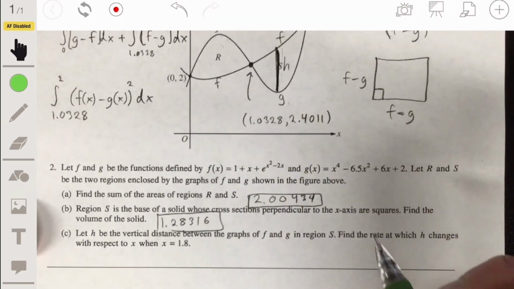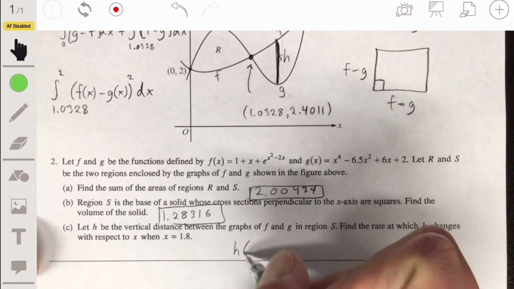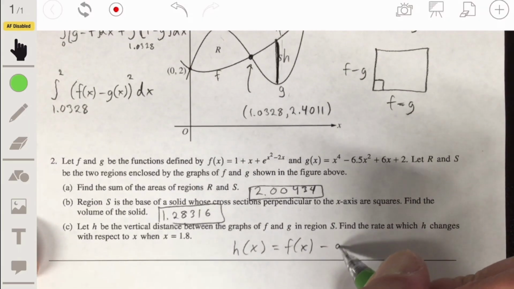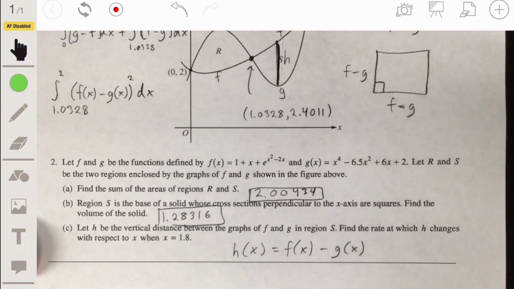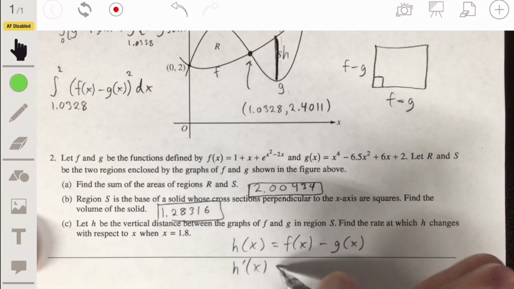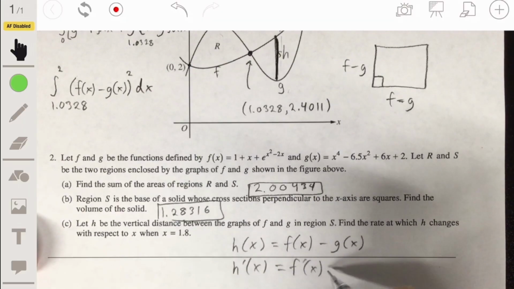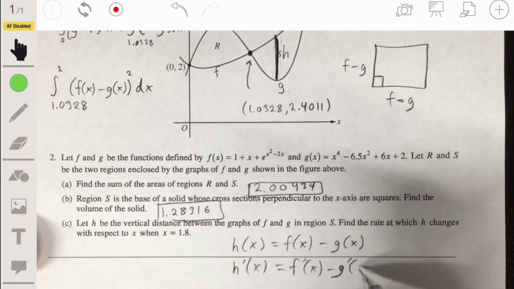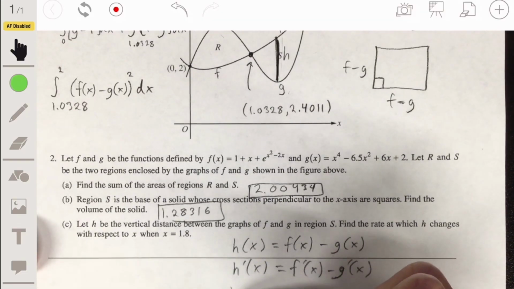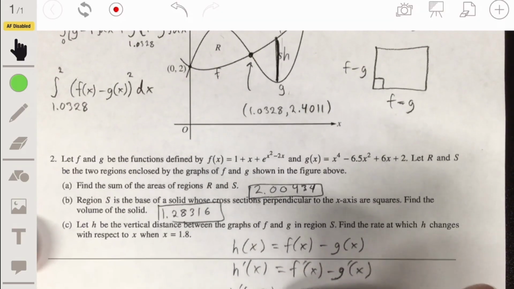So you're going to have that H of X is equal to F of X minus G of X. And if you want to find the derivative, you just take H prime of X equals F prime of X minus G prime of X, and you evaluate it at 1.8 for that specific point.